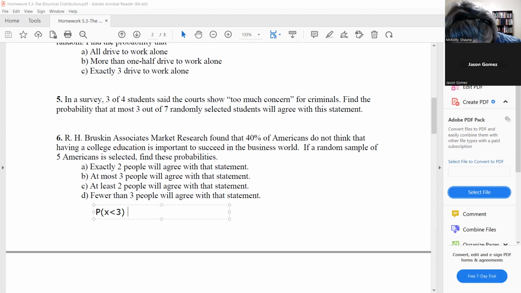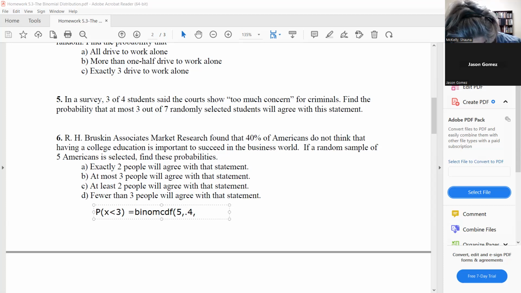That's going to equal binomial CDF. And since we're starting from 0, I don't have to worry. 5.4 and less than 3.